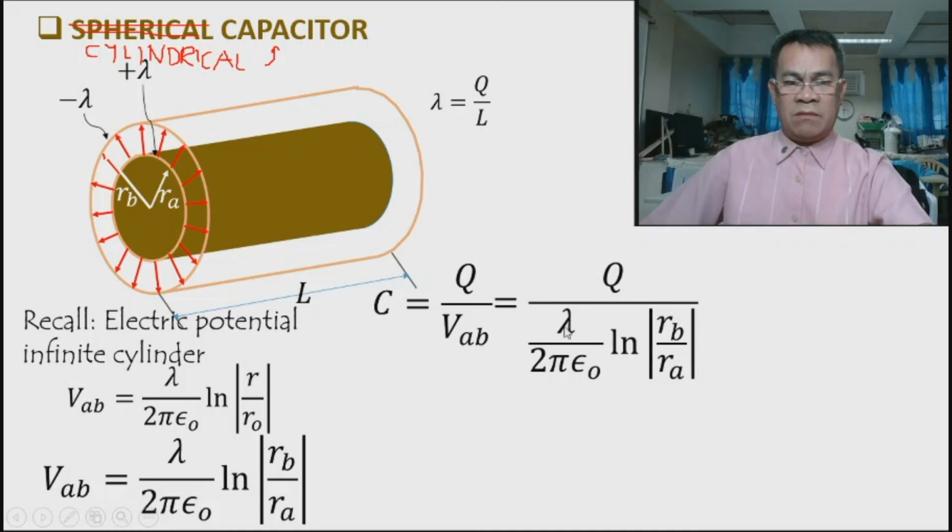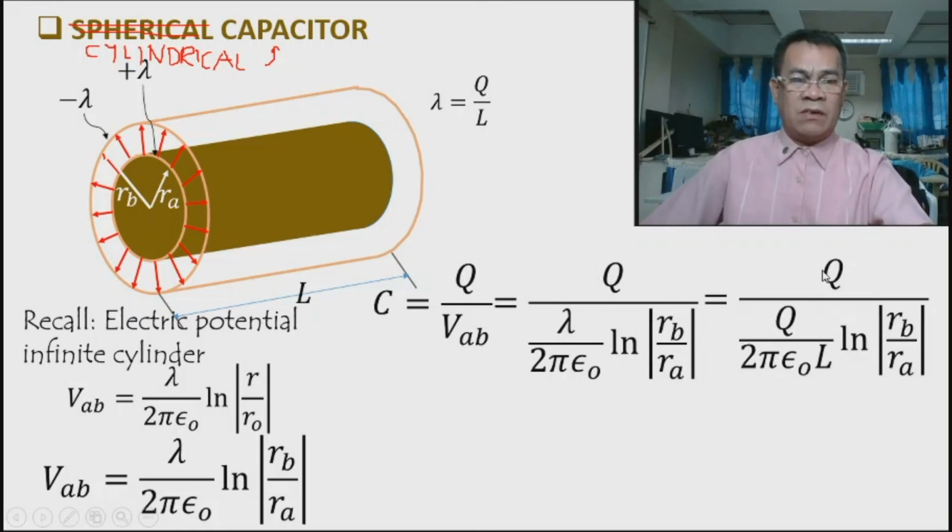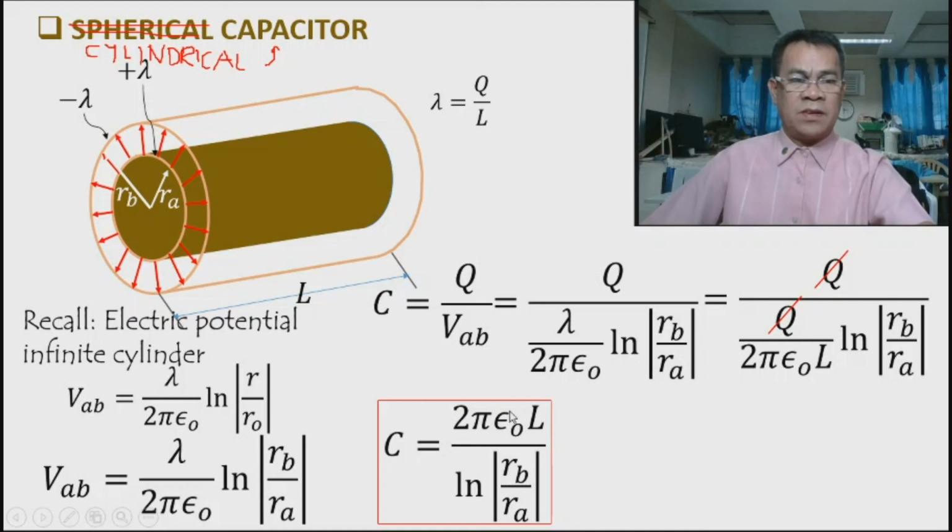Now nothing can be cancelled unless we cancel Q. That's why we need to replace the linear charge density and express that in terms of Q, so this becomes Q over L. So we can now cancel Q. This Q over L is the linear charge density. So cancel Q, leaving this result. This is now in the denominator position. So this is the capacitance of the cylindrical capacitor.